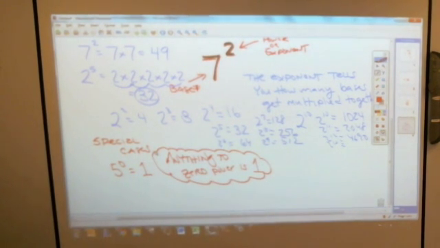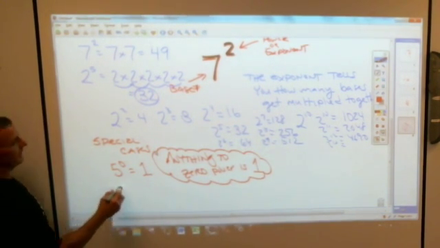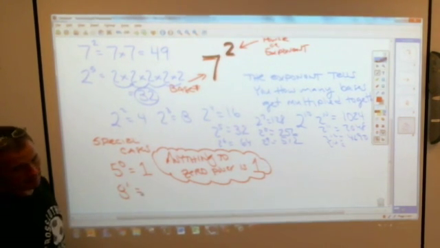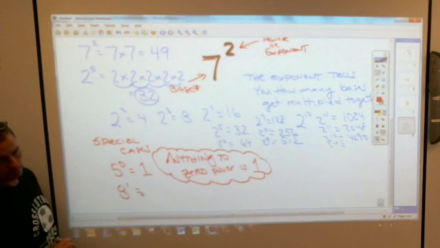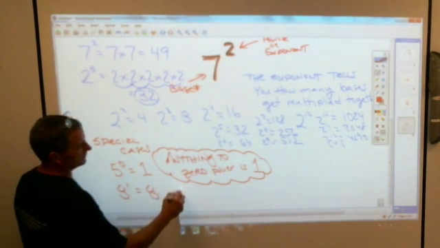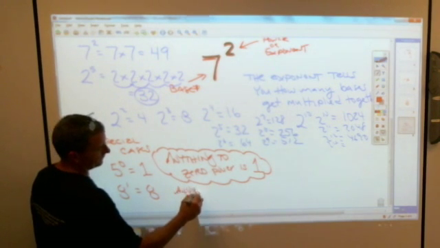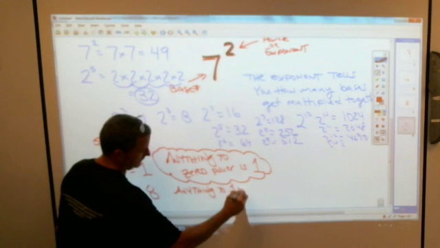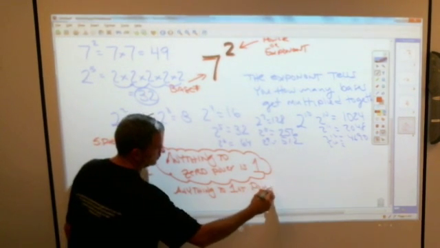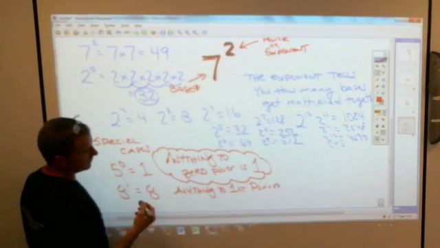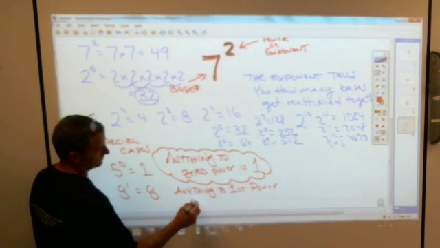Got that? And then the next thing, 8 to the 1st power. 8 to the 1st power is 8. That is correct. Which means anything to the 1st power is itself. You have just gone up 5 points in your math testing right now, with this knowledge.